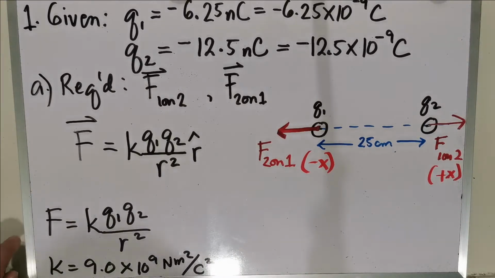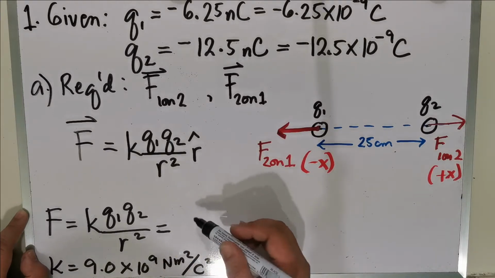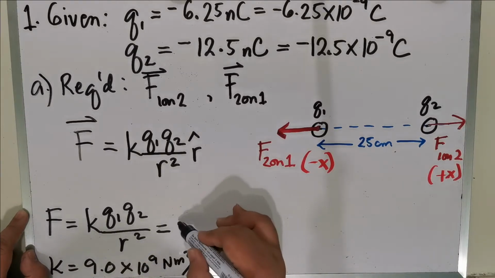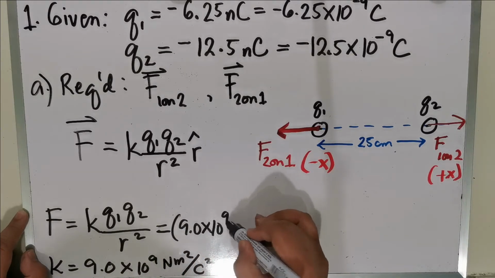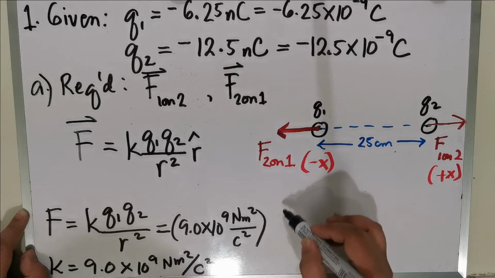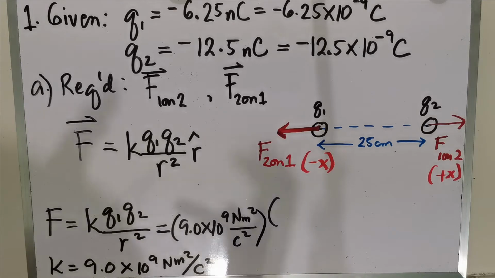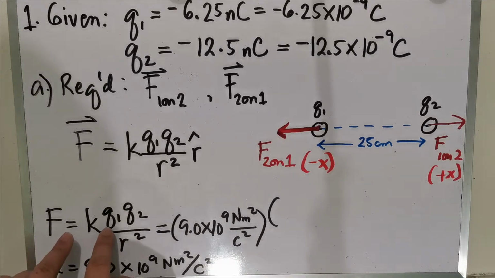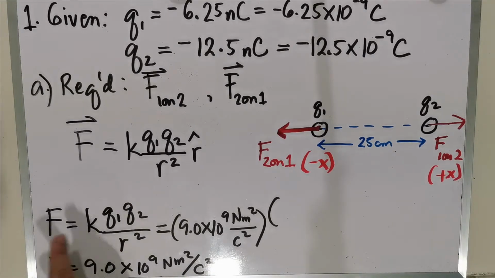So if we try to plug in the values we have here, our F rather would then be equal to 9.0 times 10 to the 9 Newton meters squared per Coulomb squared times Q1, which is 6.25. So in this case, magnitude naman ang atong gipangitaan nga case. So we will assume that we will consider the absolute value of the Q1 and Q2, since magnitude man ang atong gipangita.